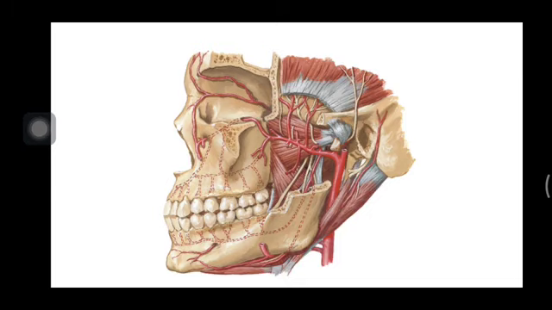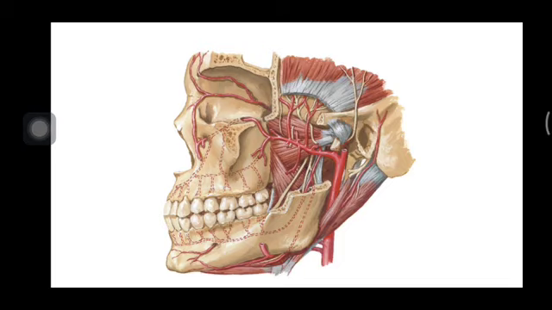At the lower border of the lateral pterygoid, you can see the lingual nerve, the inferior alveolar nerve, the sphenomandibular ligament and the middle meningeal artery, which we will be seeing in the deeper section of the infratemporal fossa.